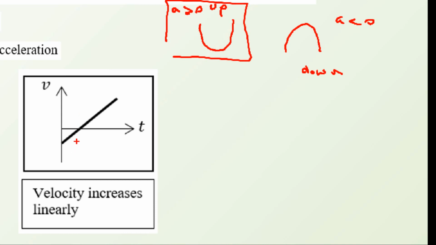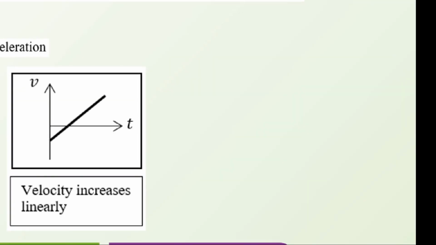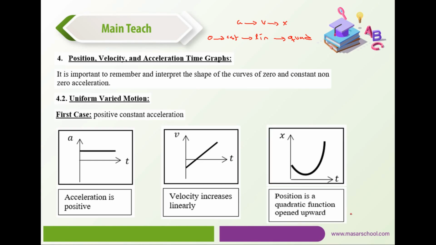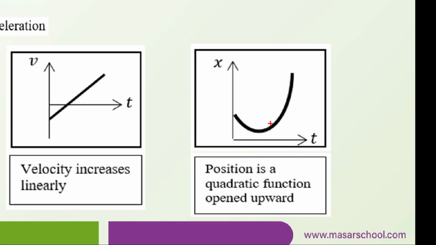But notice that initially the velocity is negative, which means that the position will decrease. Then it's going to do like this. And after that, the velocity will increase. It would be something like this. Then the shape for the xt graph, we would expect it to be a quadratic function opening upward. In the first portion, it will be decreasing, and in the second portion, it will be increasing.